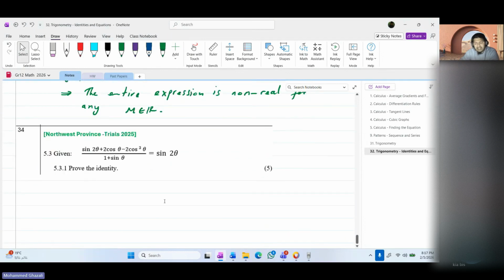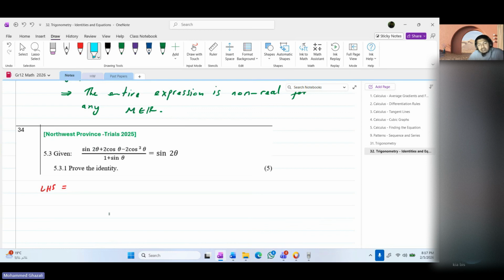Look at this. Prove the identity. So we say left-hand side is equal to sine 2 theta. You see, you have a double angle here. You need to think about what you need to do here, right? Because you got a cos cubed, you got a cos theta, and you got a sine 2 theta here.